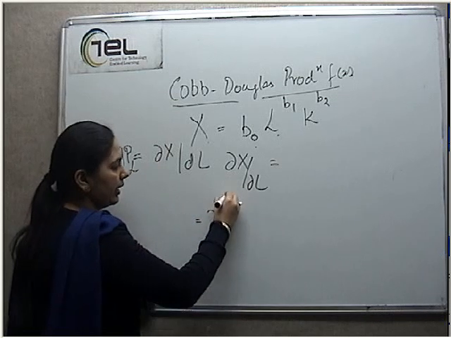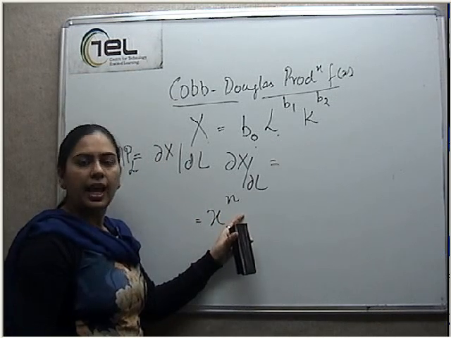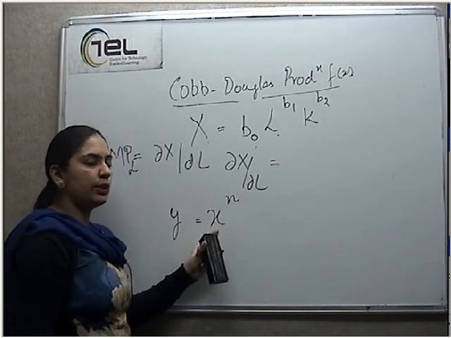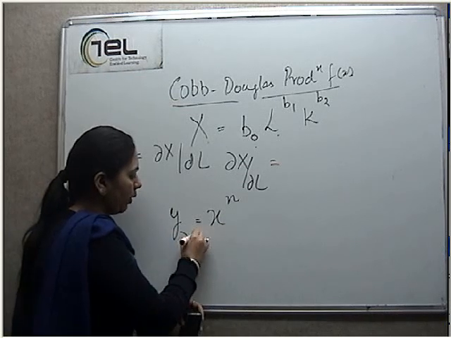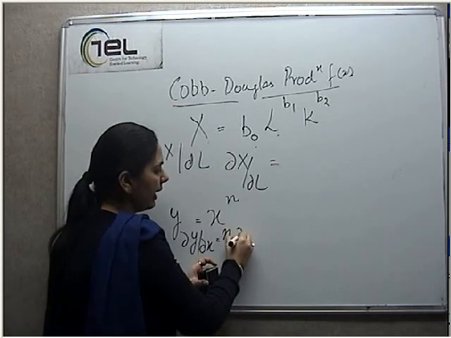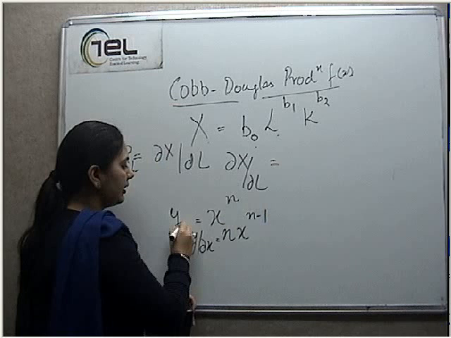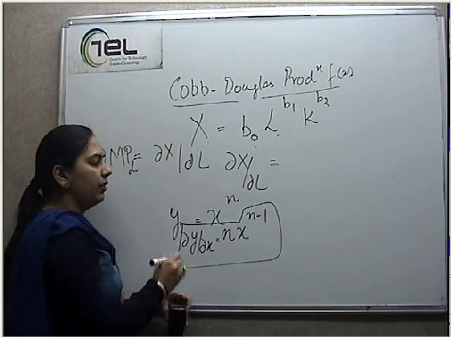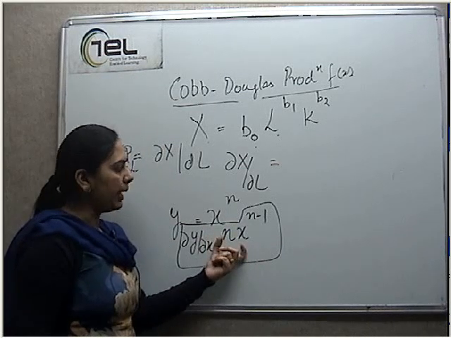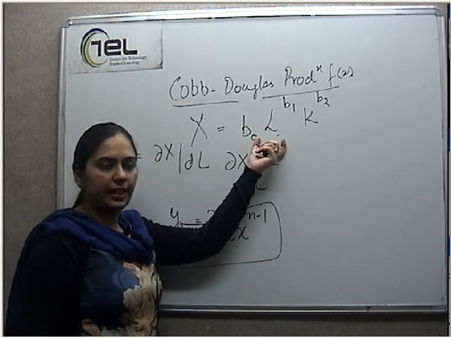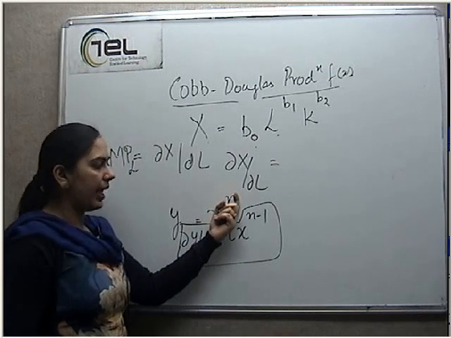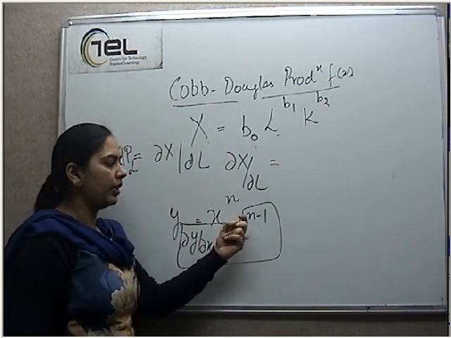If I have y equal to x to the power n and I differentiate y with respect to x, the formula is n x to the power n minus 1. This is basic maths. Now this same formula we will apply to differentiate the output x with respect to L.